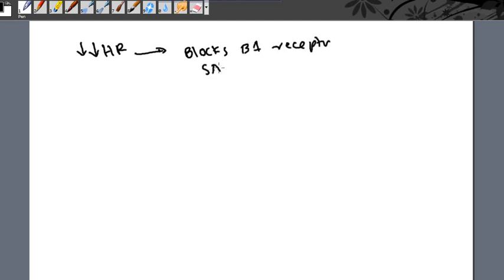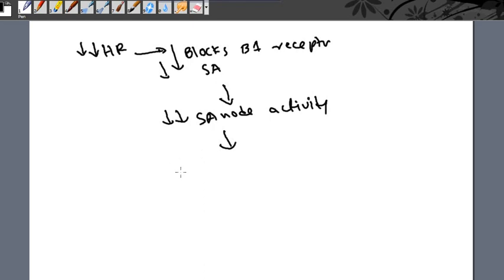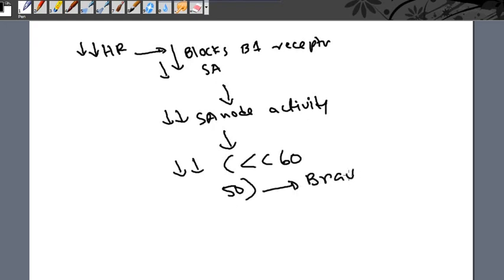When this blockage is excessive, SA node activity will go significantly down, and this will lead to decreased heart rate, sometimes below 60, suppose 50, and this condition is called bradycardia. So beta blocker can lead to bradycardia.